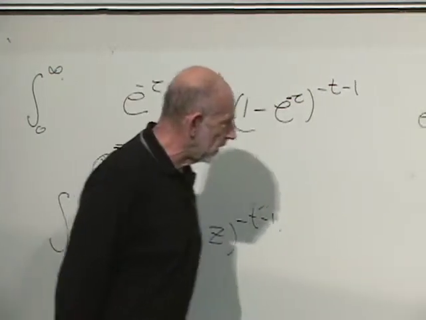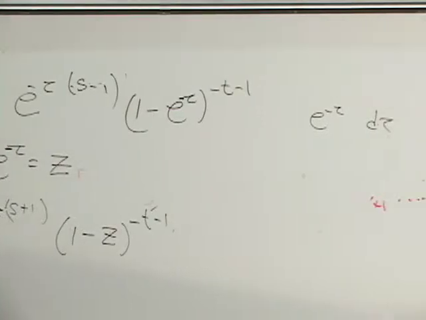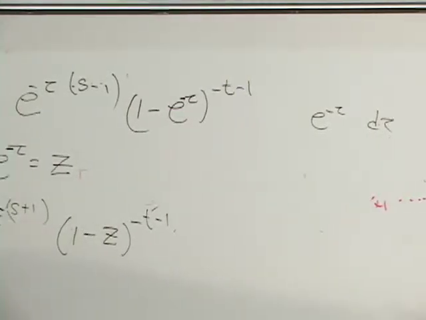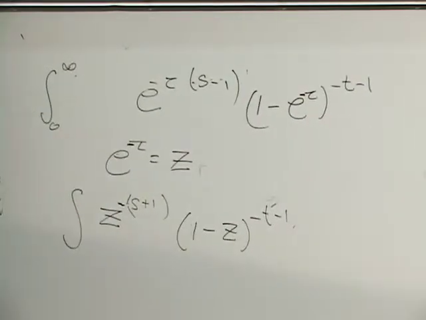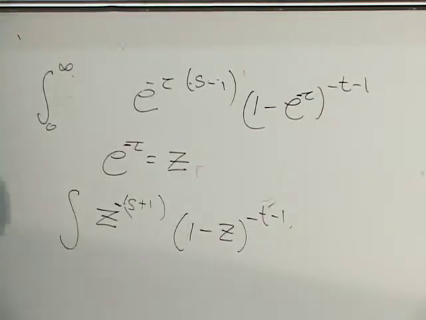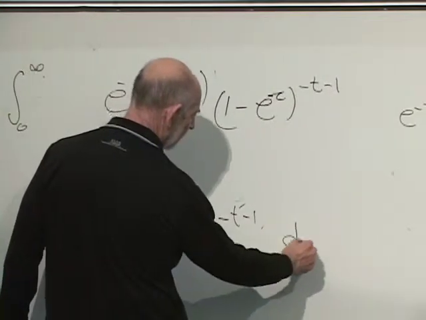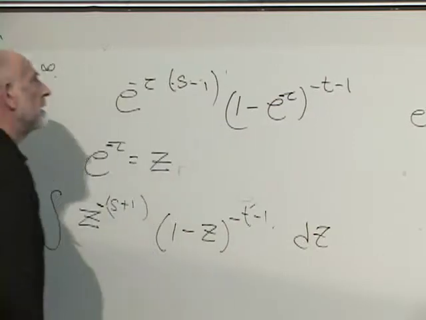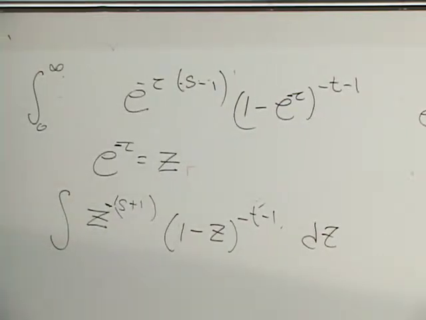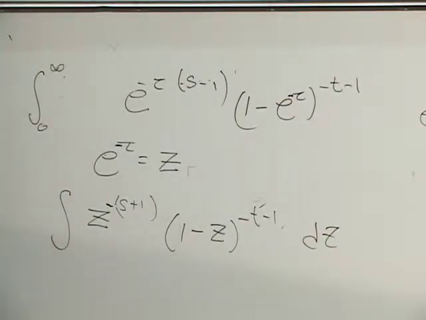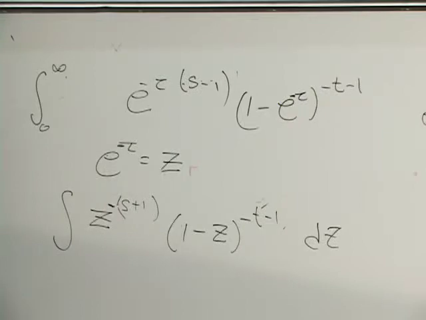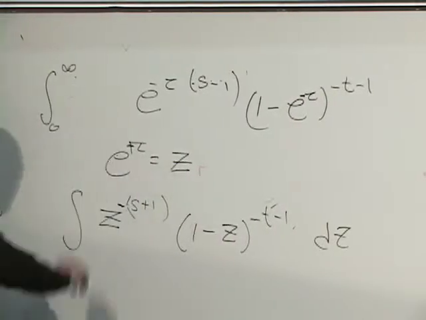And what is d tau times e to the minus tau? It's just dz. I think I got it. Did I get that right? I've lost track of whether this is plus or minus here.